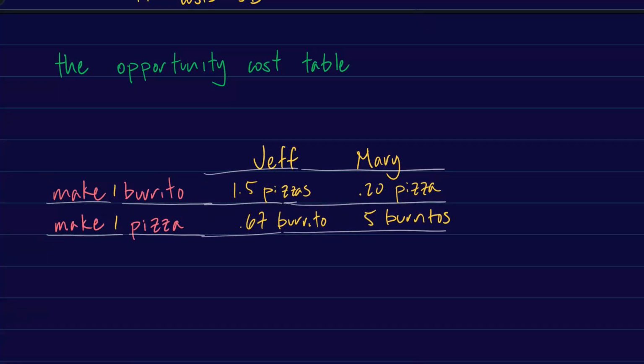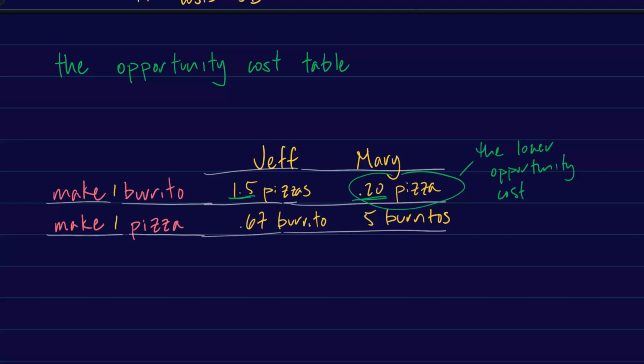So the cost of having Jeff make one burrito is 1.5 pizzas, whereas the cost of having Mary make one burrito is only 20% of a pizza. So here we have the lower opportunity cost. 1.5 versus 0.2.